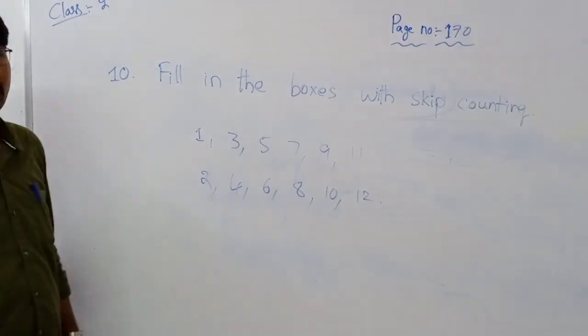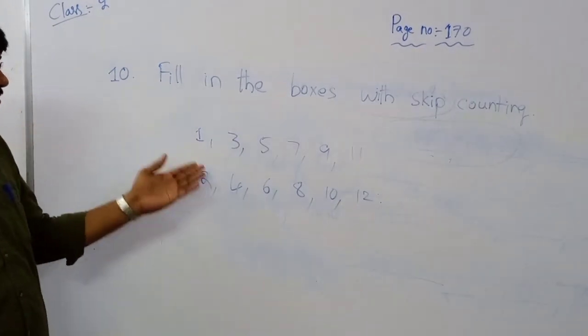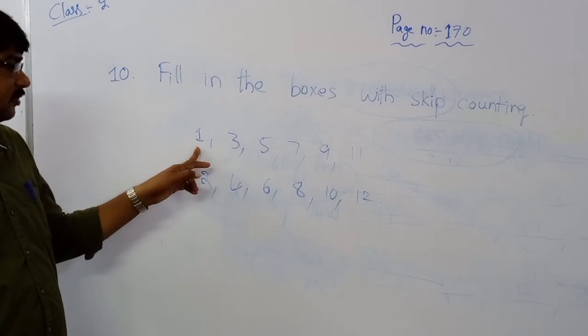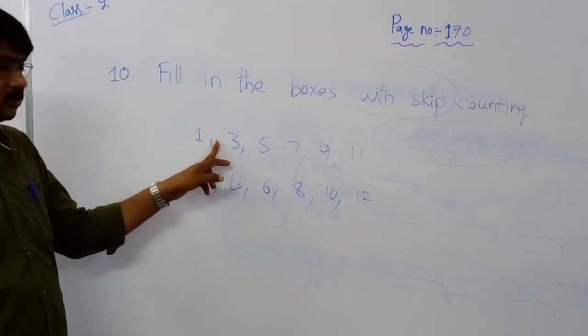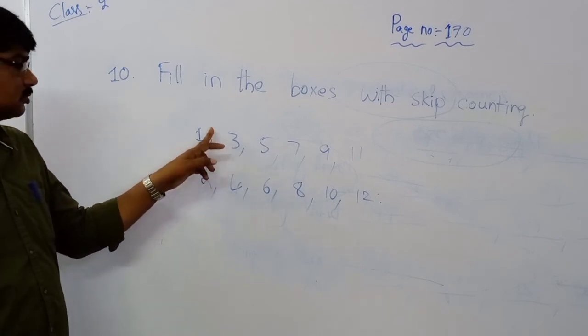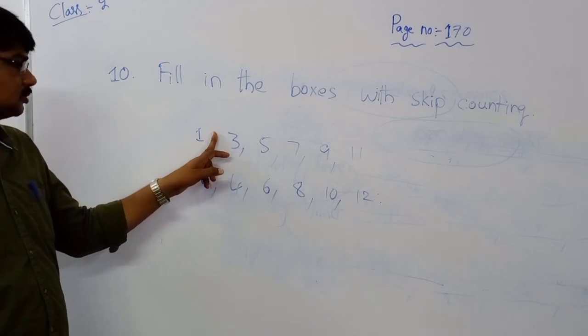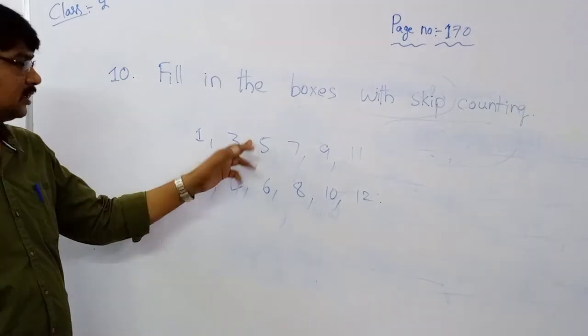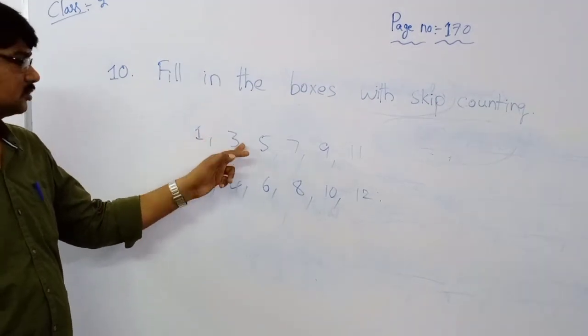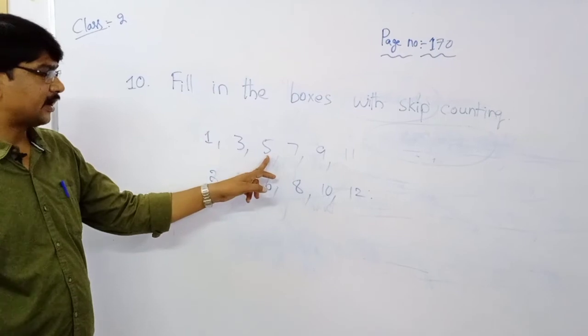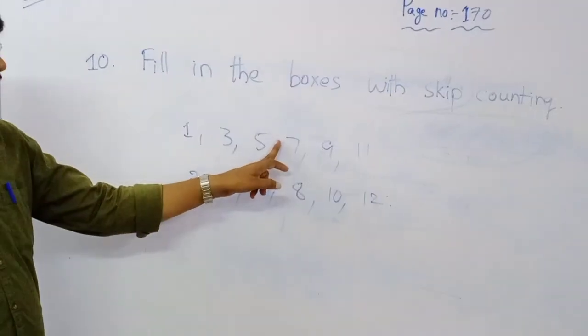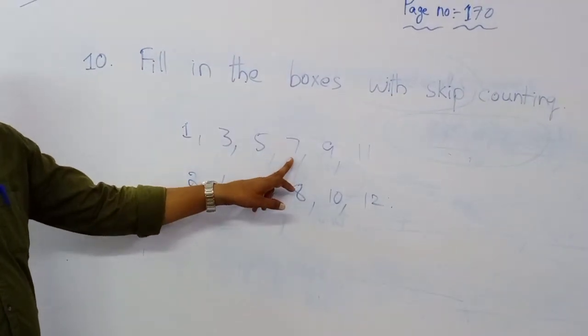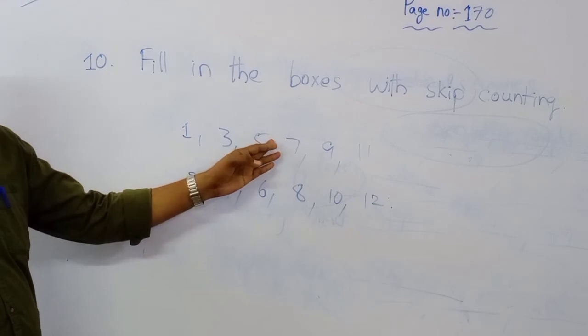This is called skip counting. How is it skip counting? 1 is here, 1 after, 2 not available. Next 3. 3 after, 4, but here no 4. 5 coming. 5 after, 6 should be there, but there is 7. It means 6 is not here.